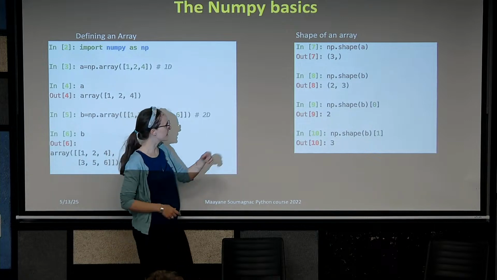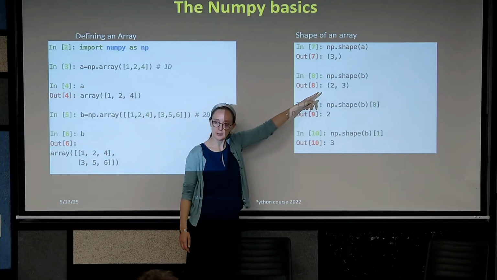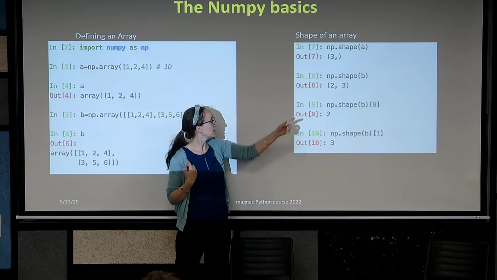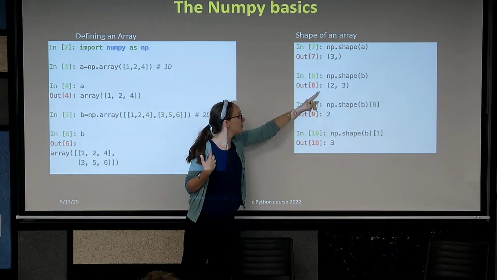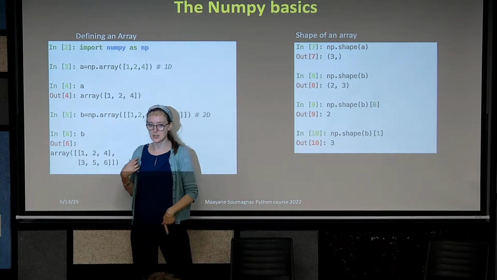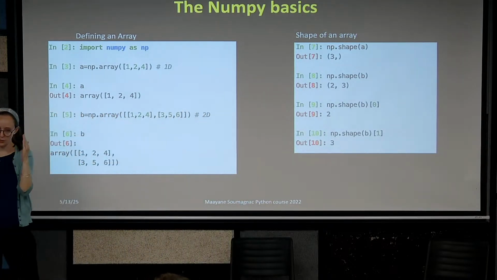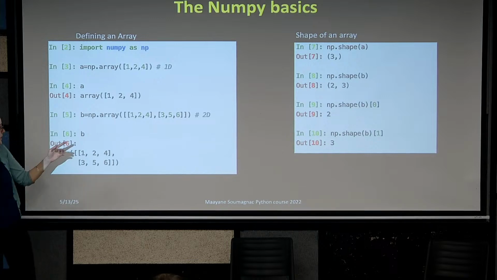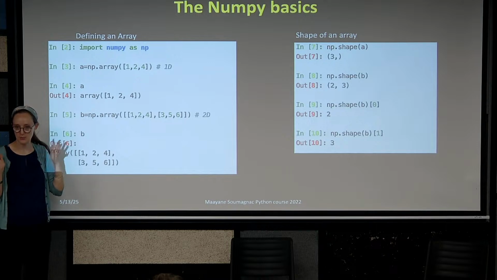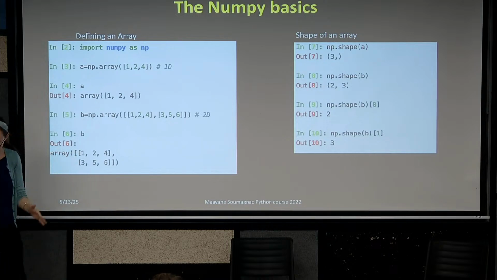The shape is returning a tuple. Remember we talked about the distinction between a tuple and a list. So you can index the shape. The first element of this tuple is 2, the second is 3. So it's a 2 by 3 matrix, which means it's 2 lines and 3 columns. Okay, make sense?